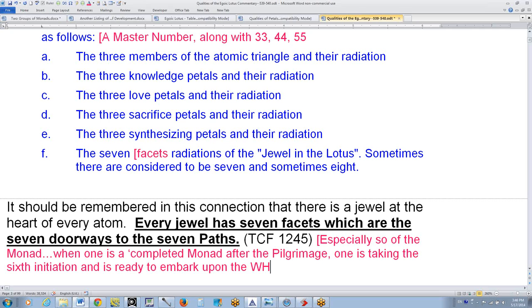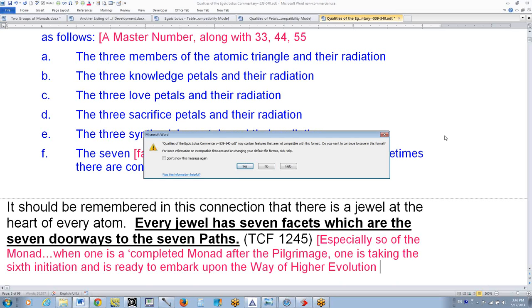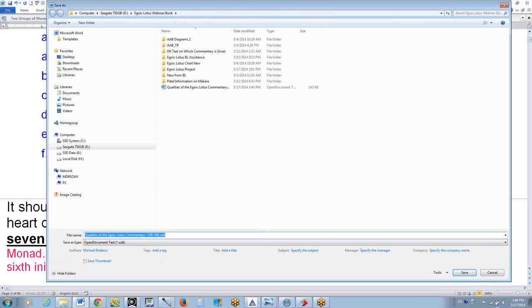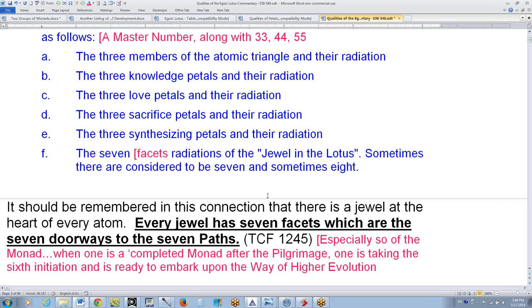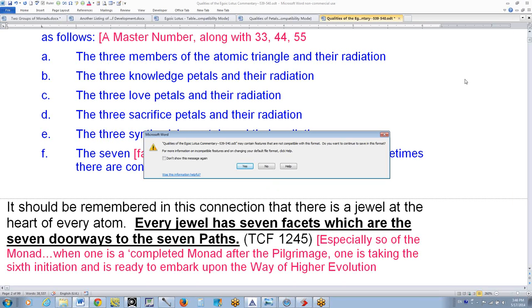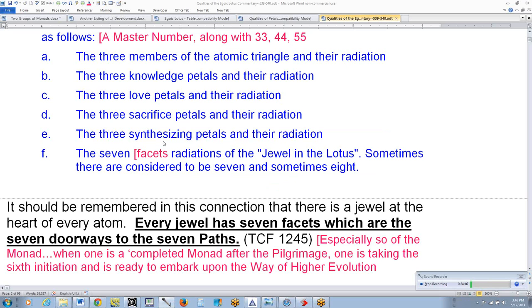Now, interestingly enough, there are now 9 paths. 2 additional paths had been offered on the way of higher evolution.